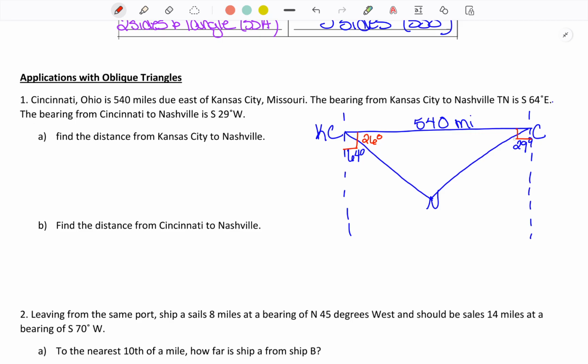And if we subtract 29 from 90, that leaves us with 61 degrees. To get that third angle of the triangle, we subtract both of these from 180, and that leaves us with 93 degrees.